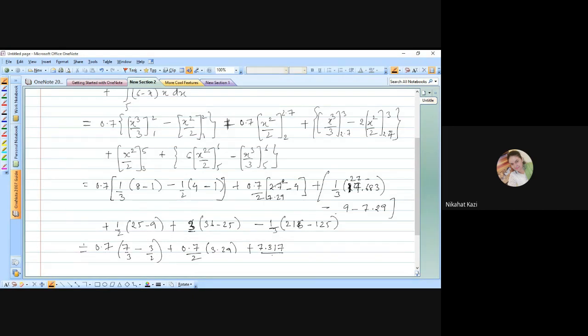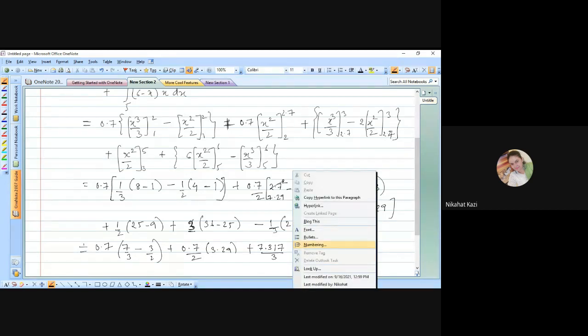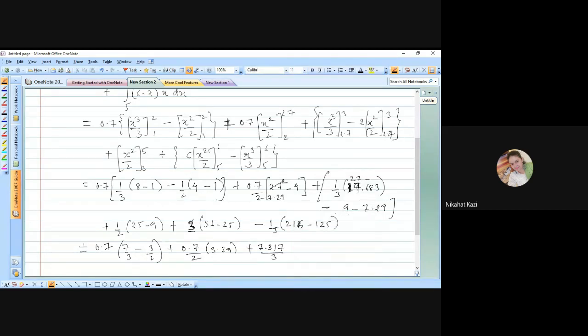What are you getting? Minus 9 minus, it was minus, this will be 9 minus in bracket. Minus sign is outside.